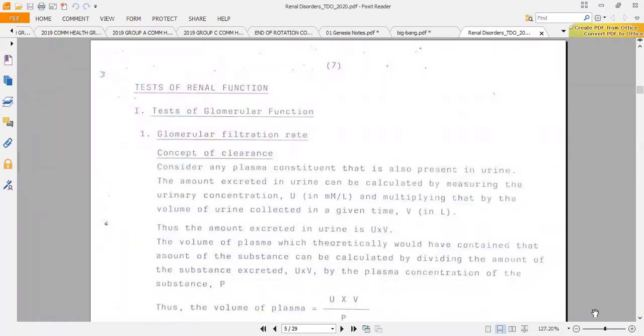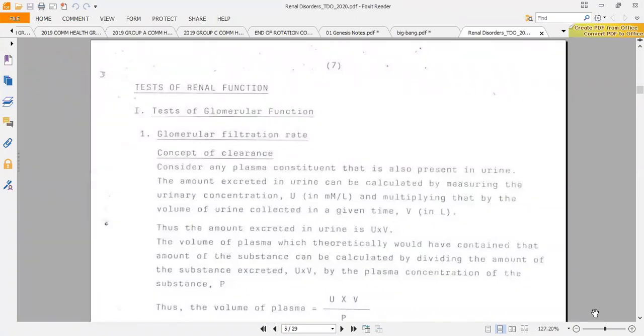Not all of the blood coming into the kidney in 1 minute is filtered. So the glomerular filtration rate is giving us an idea of how much of the plasma is being filtered by the glomerulus. That's the whole concept.